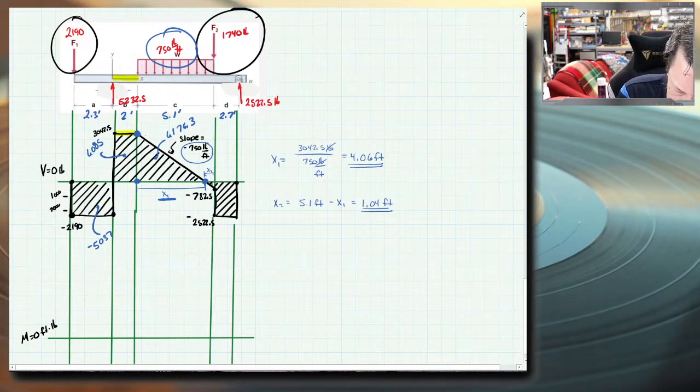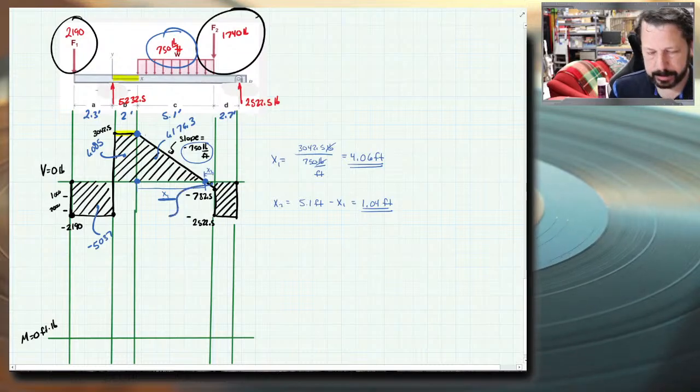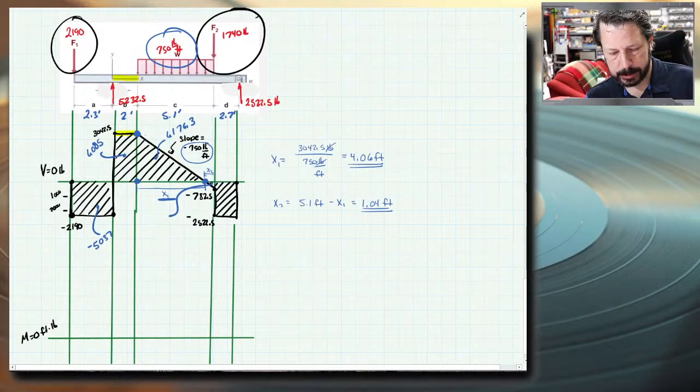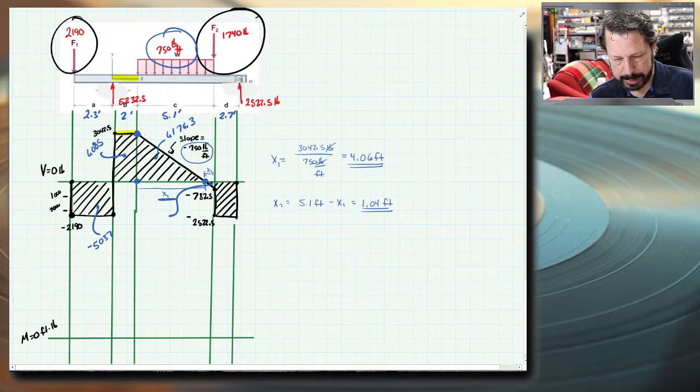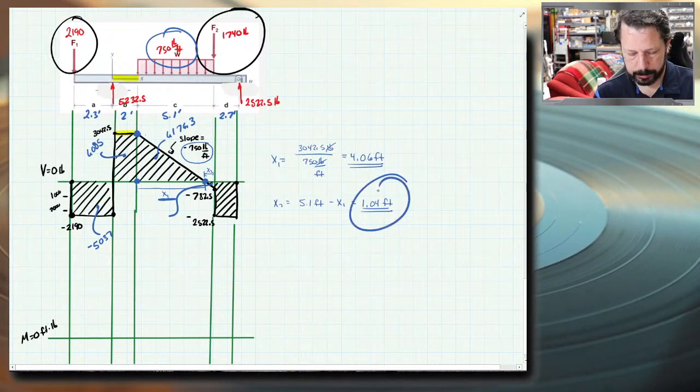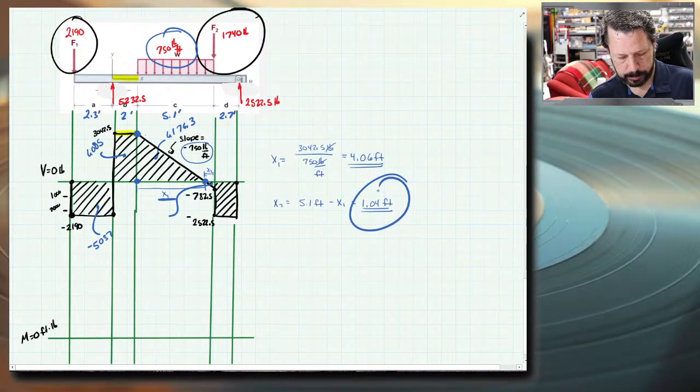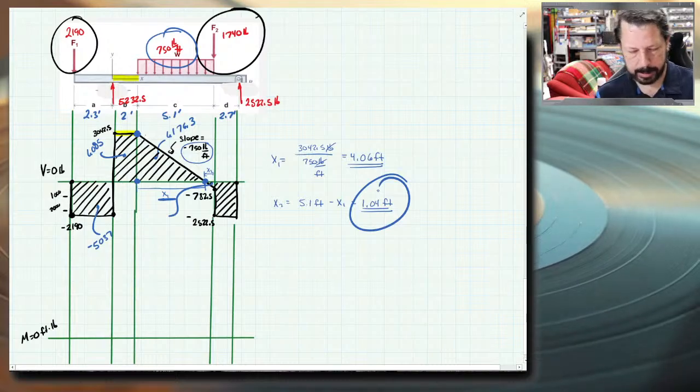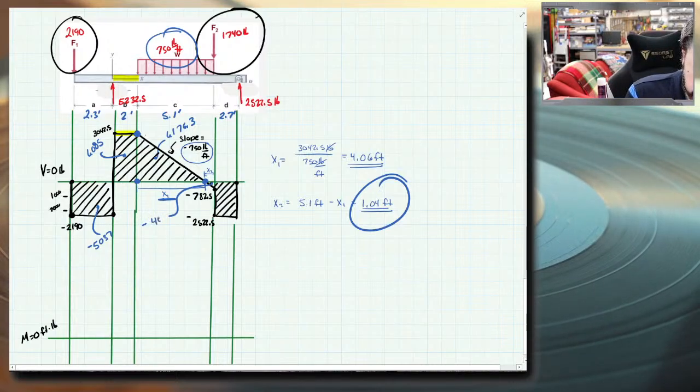This tiny little triangle right here, I usually like to do the negative areas below here, but I'm kind of running out of room. It's going to get crowded, but we'll do it anyway. So that triangle has a height of 782.5, but it's negative, times a base of 1.04, divided by 2 to get the area, negative 406.9.